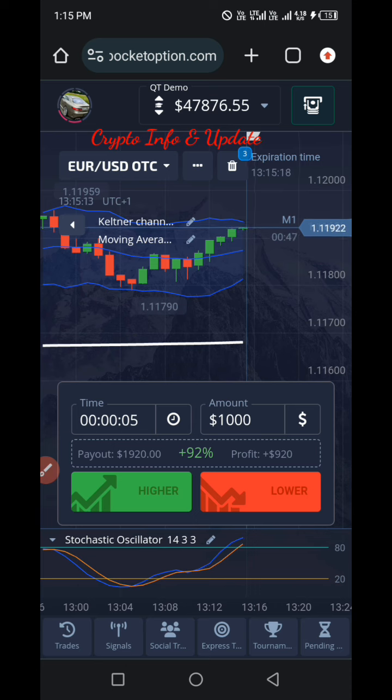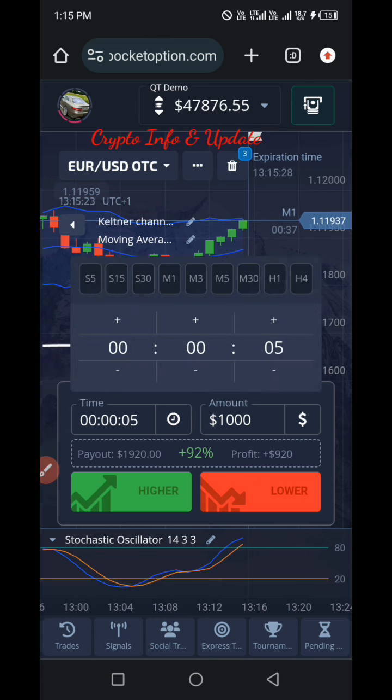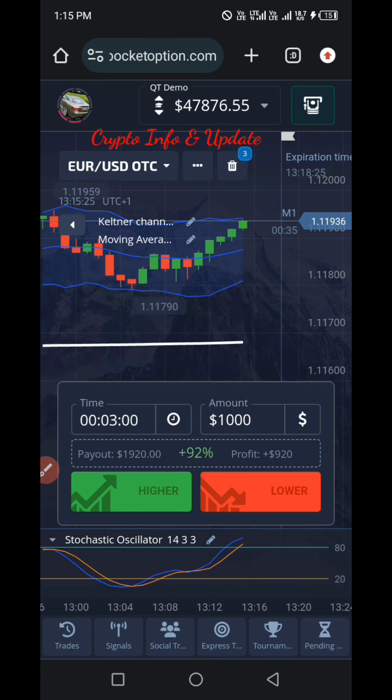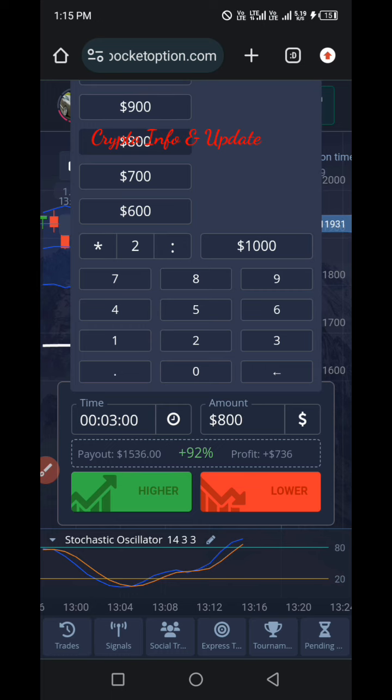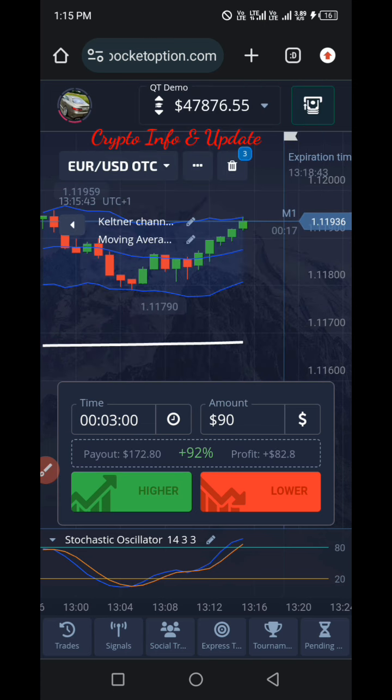Now, thirdly, let me take a trade. Let me just take a random trade. Let me put this at 3 minutes. Let me change the amount to $100, okay, $90. Now let me take a trade.